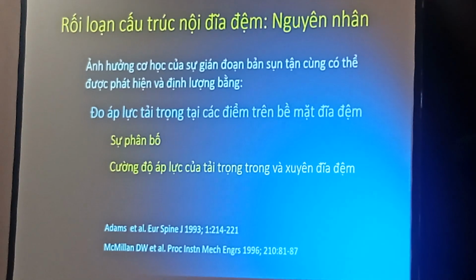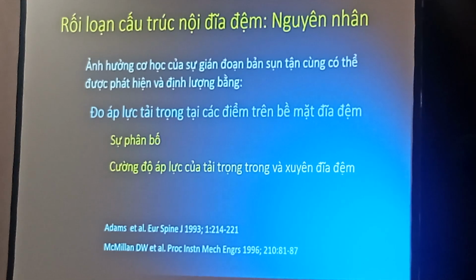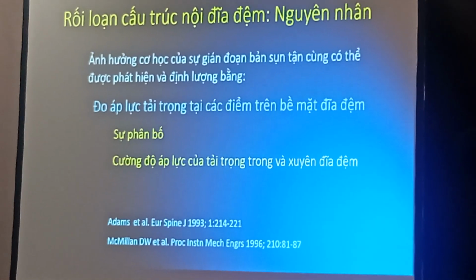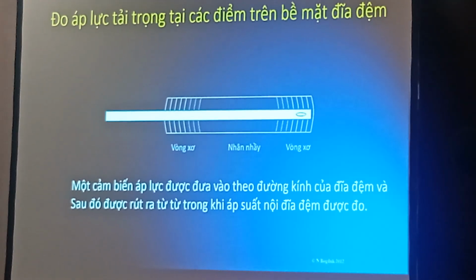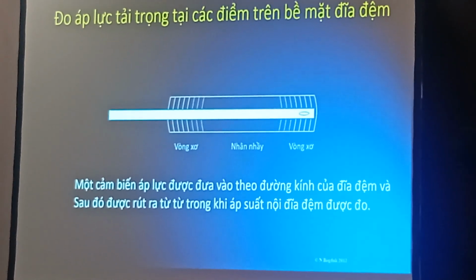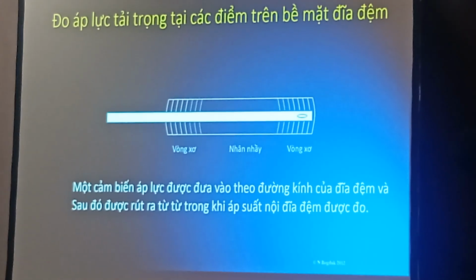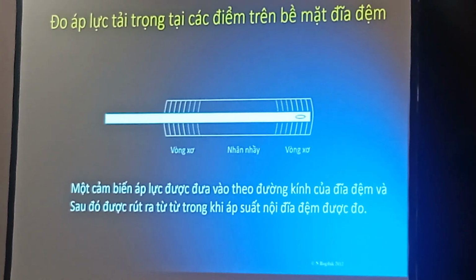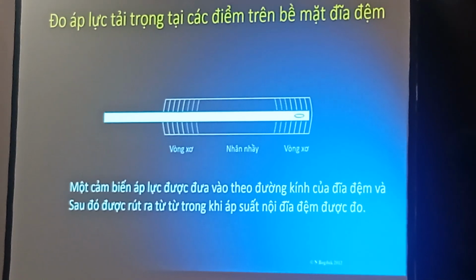And we can demonstrate their effect by an old technique called stress profilometry, which will measure the distribution and magnitude of stress within and across the disc. And this is a very simple technique, simply a pressure probe with a measuring aperture is inserted in a normal human disc from the posterior annulus across the nucleus to the anterior annulus, and then slowly withdrawn and measures pressure.